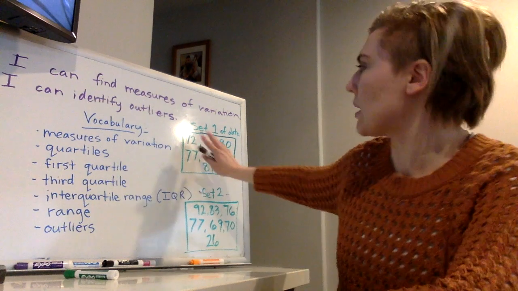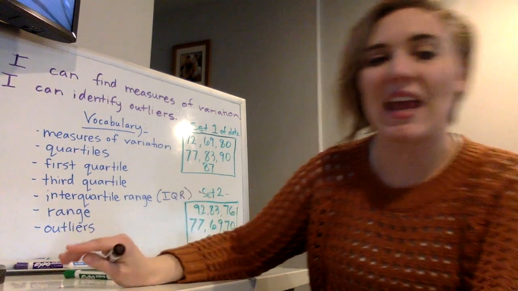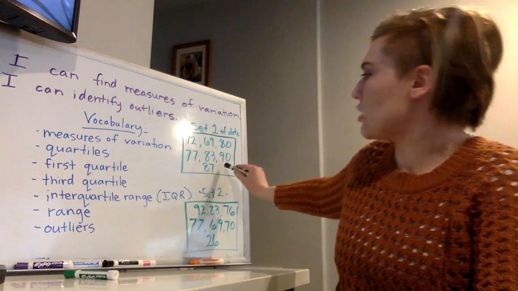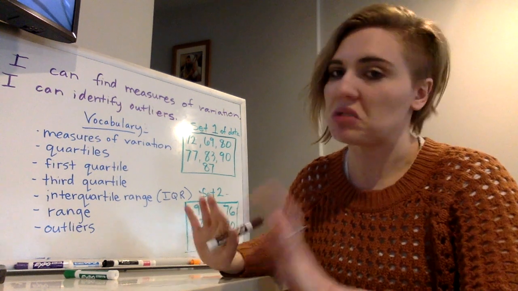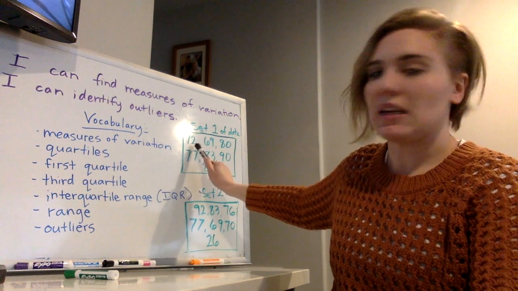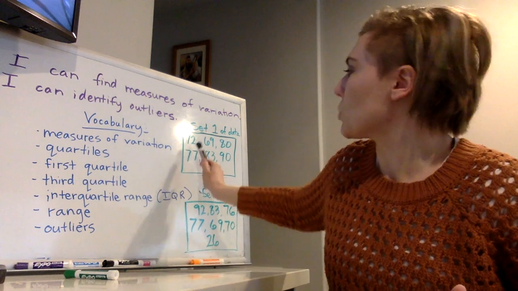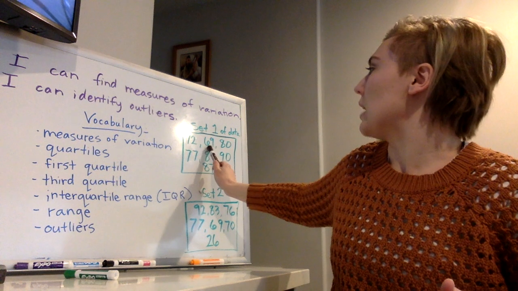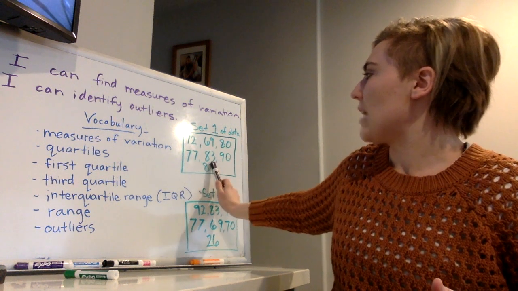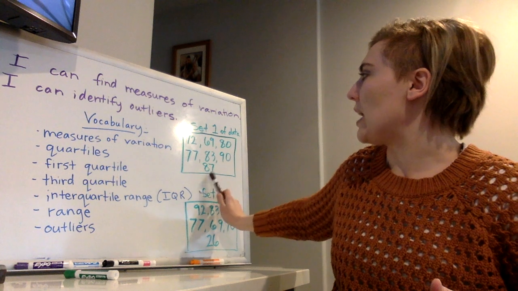I'll use this as an example. Let's say we take 2 tests in our class, and these are scores of 7 students, just as an example. Set 1 of the data says our scores were 72, 69, 80, 77, 83, 90, and 87.